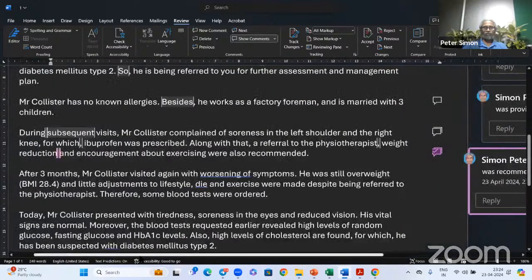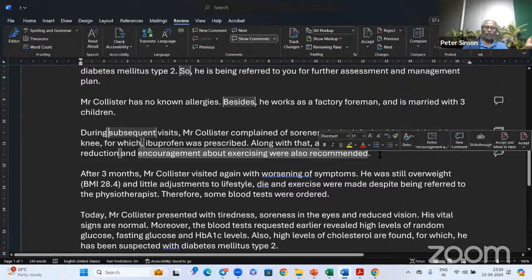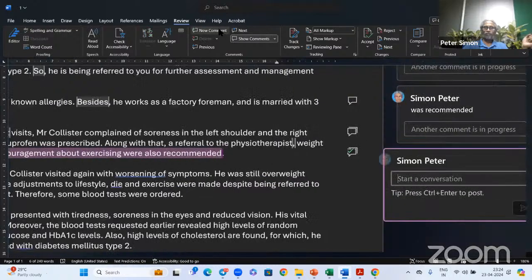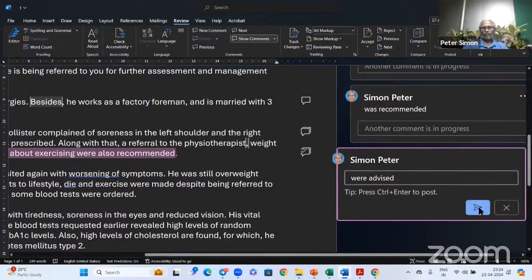And next, exercises were encouraged. Finish. Exercises were advised. Full stop is already there. Okay.